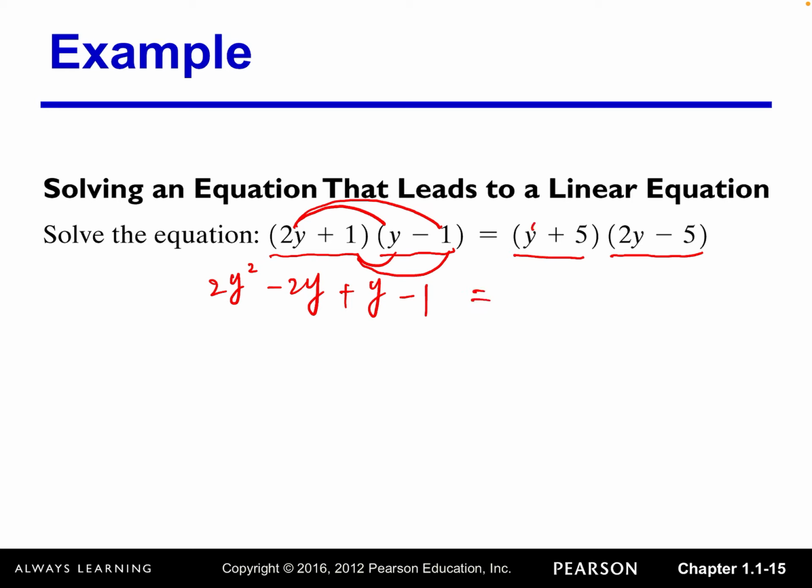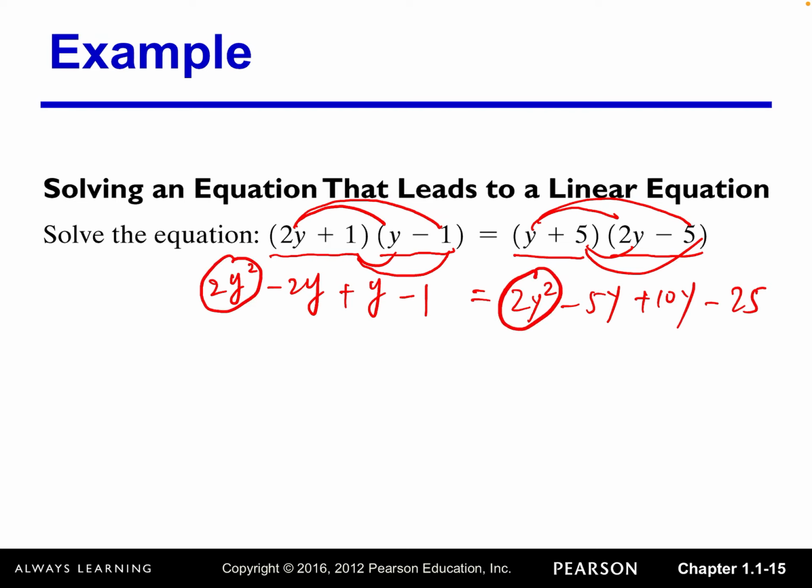Right-hand side, do the same. First, outer, inner, last. So that's 2y squared, minus 5 times 2y, that's minus 10y, wait: 5 times 2y is plus 10y, and 5 times -5 is minus 25. So we do have the quadratic term, however, both sides of the equation have 2y squared.